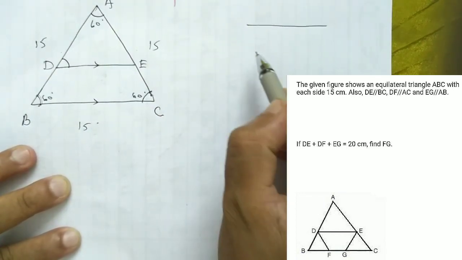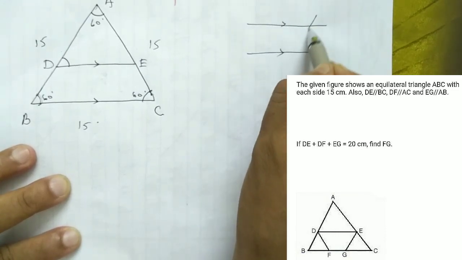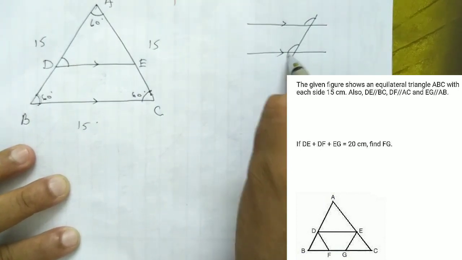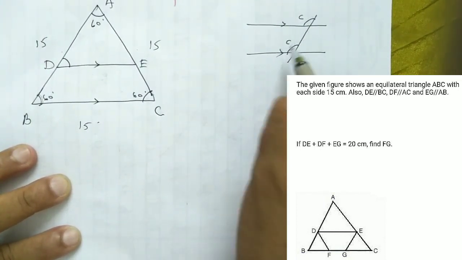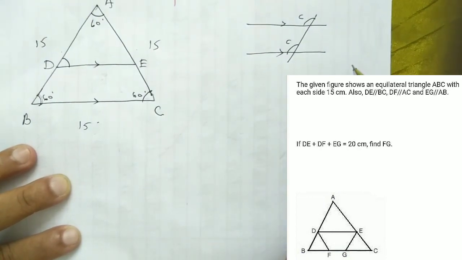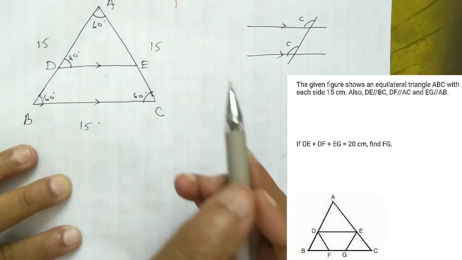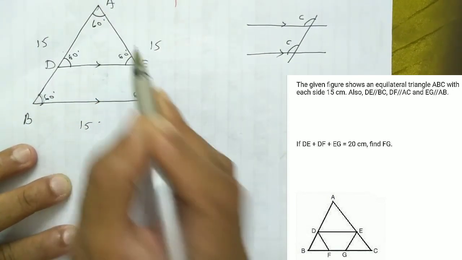This is a line, this is another line. Both the lines are parallel. Then if you draw another line, this angle and this angle are called corresponding angles, and both the angles are the same, I mean equal. So if this is 60 degrees, this is also 60 degrees. Same here, if this is 60 degrees, this is also 60 degrees.